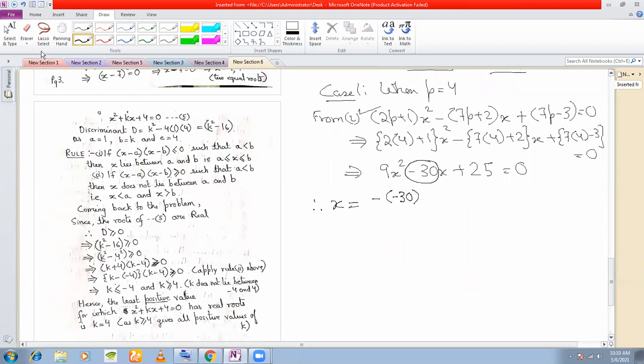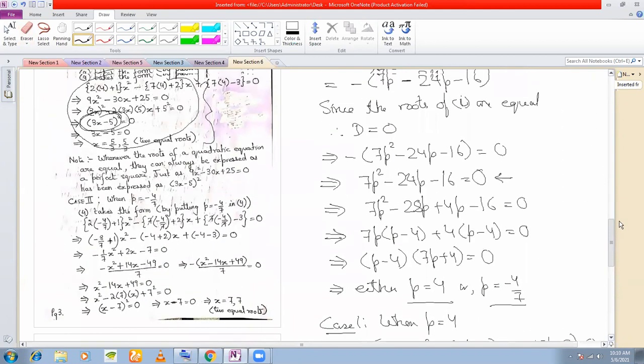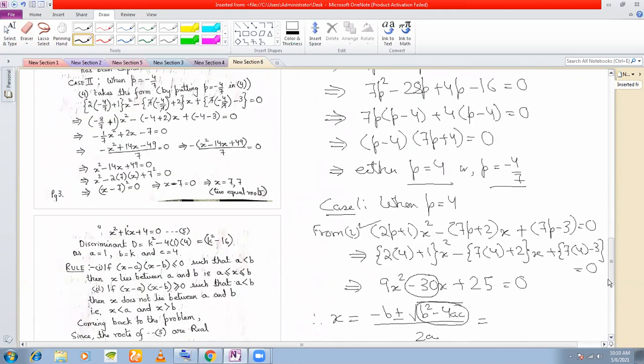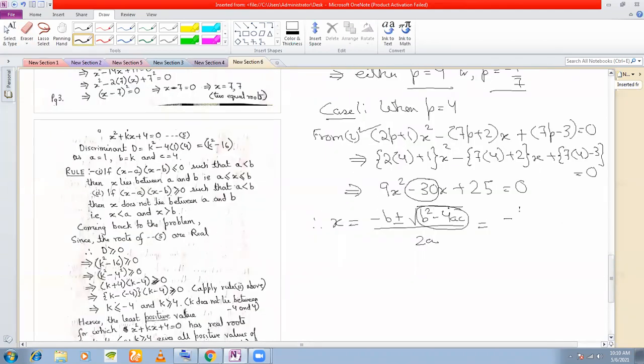Let me write the formula for you. x is equal to minus b plus or minus root over of b square minus 4ac by 2a. But what you see here is that b square minus 4ac is 0, isn't it? Because the roots were equal, this discriminant D was 0. So this part is 0. So what are you ultimately getting? You're simply getting minus b by 2a.